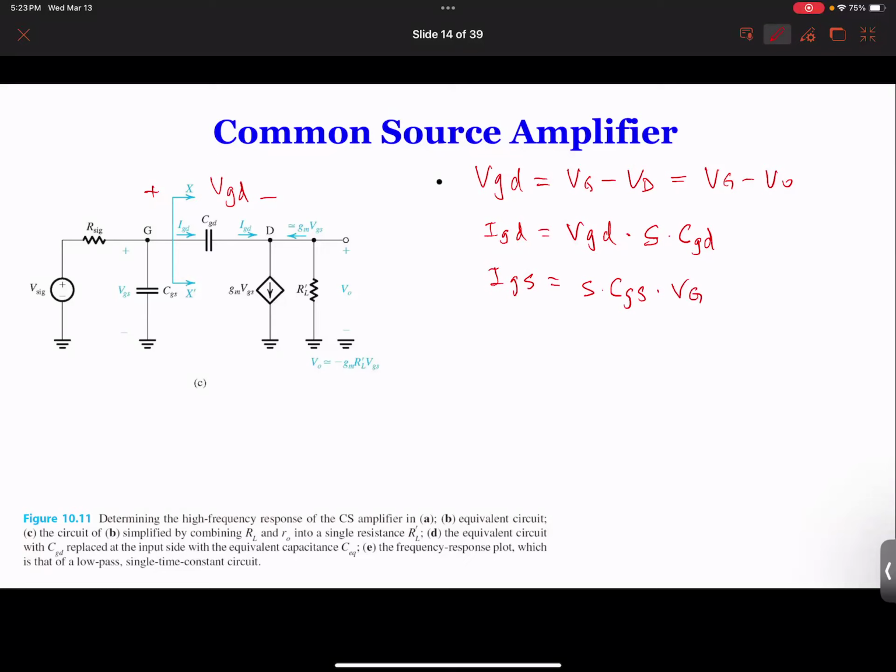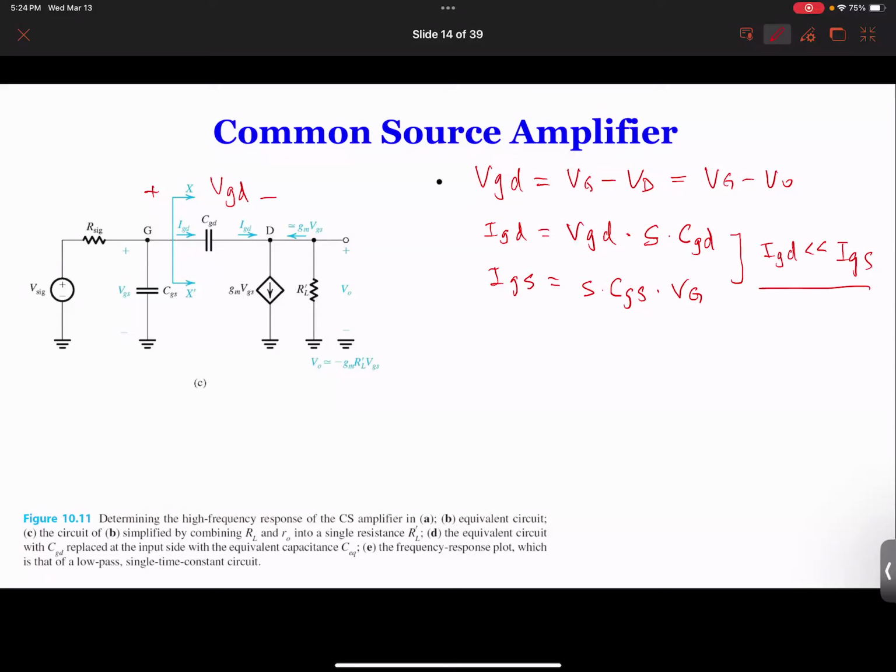If you plug in the actual numbers, you'll find one interesting phenomenon: IGD is much smaller than IGS. That's one observation. Of course, I don't have the number to show you, but you have to trust me. A lot of people have done that.